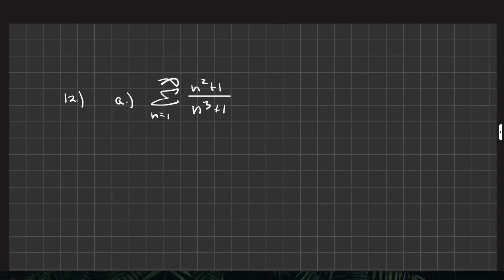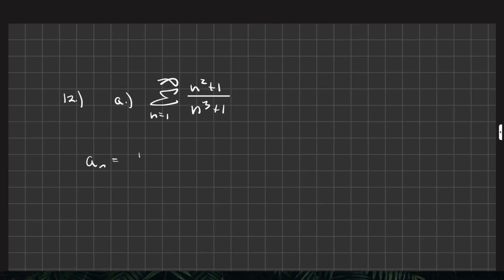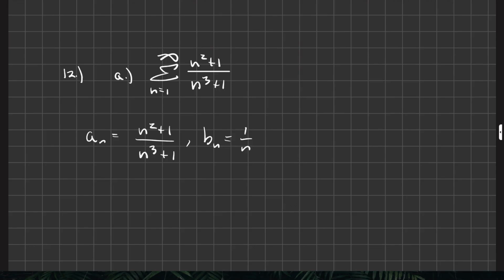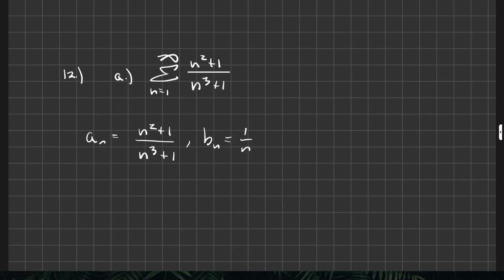Okay, so we have a sub n is n squared plus 1 over n cubed plus 1. Let's do a limit comparison test on this one. This is a good candidate. So I'm going to pick my b sub n to be 1 over n, which we can extract out of this equation, of course. So now for the limit comparison test, we need to know the limit as n goes to infinity of the ratio between these two sequences.